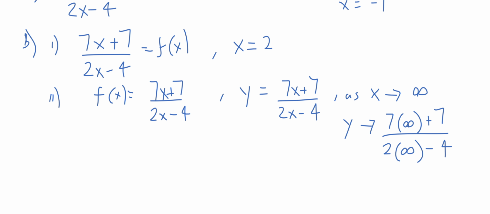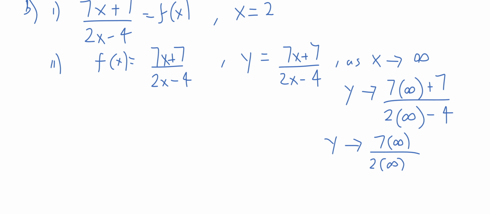It's insignificant. So this will simplify to 7 times infinity, and you ignore the 7 because adding 7 to infinity is insignificant, over 2 multiplied by infinity, and again you ignore the minus 4 because subtracting 4 from infinity is insignificant.